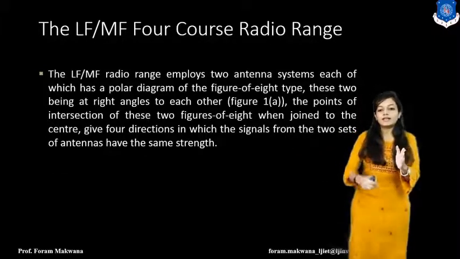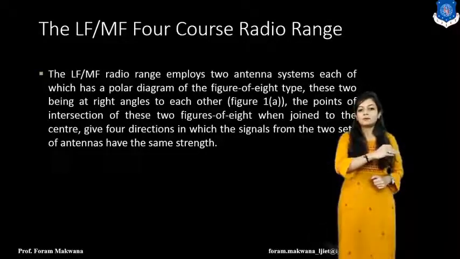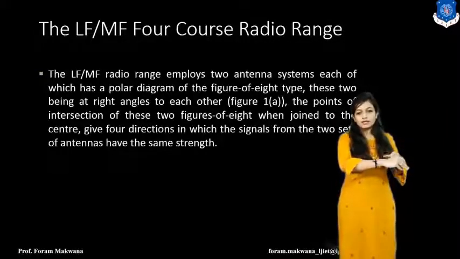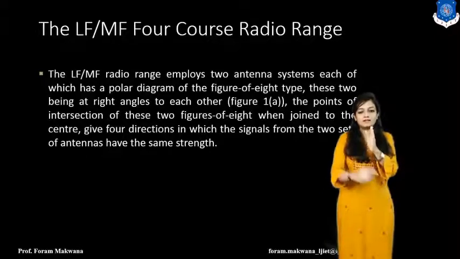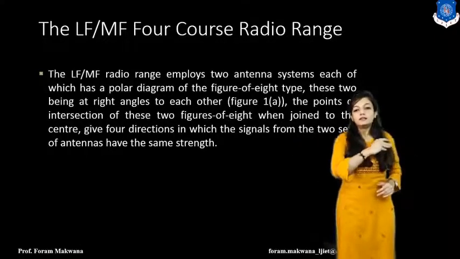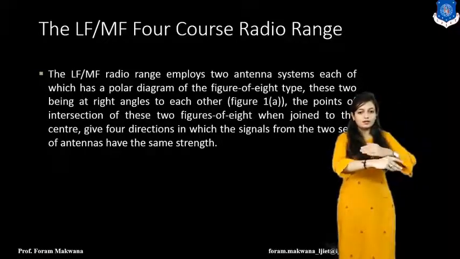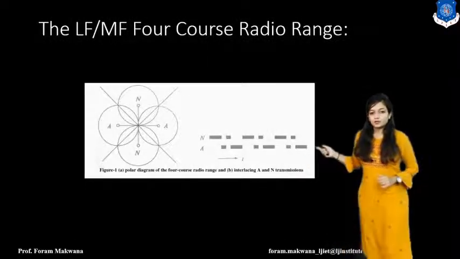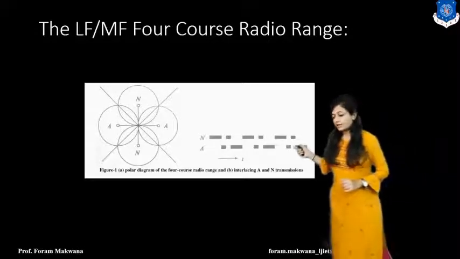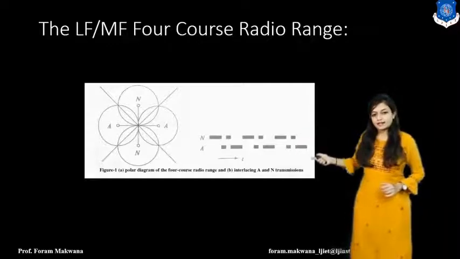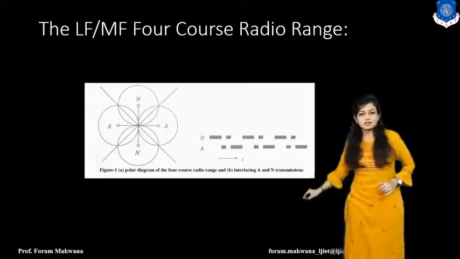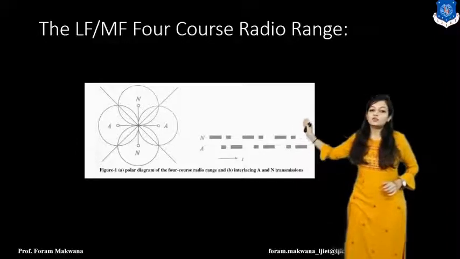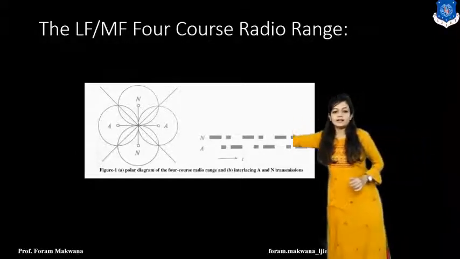So I can say that one antenna covers the left and right range, and the right angle antenna covers the up and down range. Over here you are able to see the two antennas, A and N. The A antenna radiates the signal in this direction as well as in this direction, and the N antenna radiates in this and in that direction.